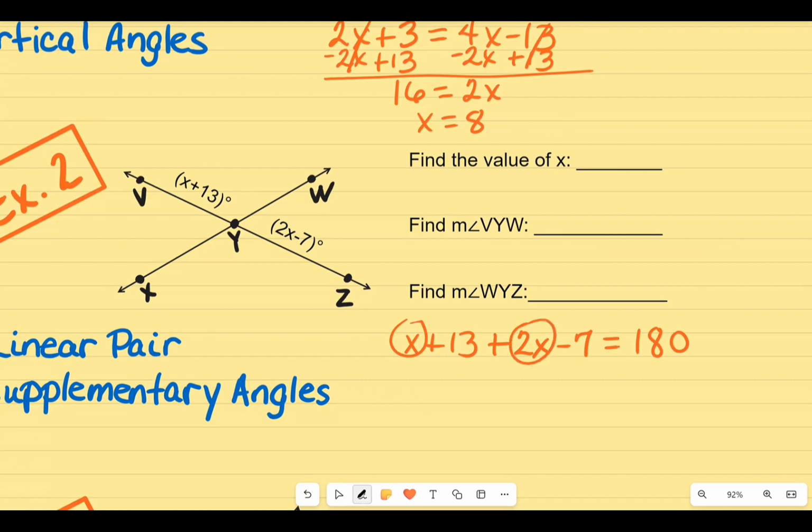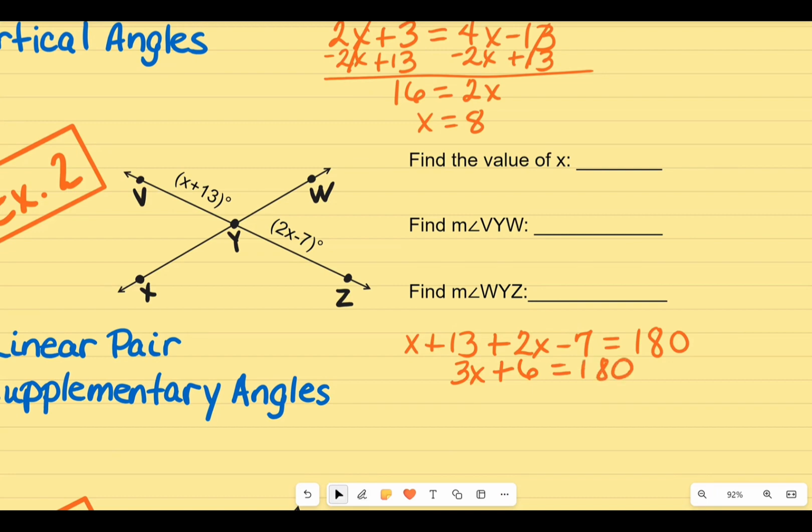I have 2x and I have a positive x, which means it's just 1x. So 2 plus 1 is 3x, and now I have 13 minus 7, so I'm going to combine those. 13 minus 7 is positive 6, and all of that is set equal to 180.